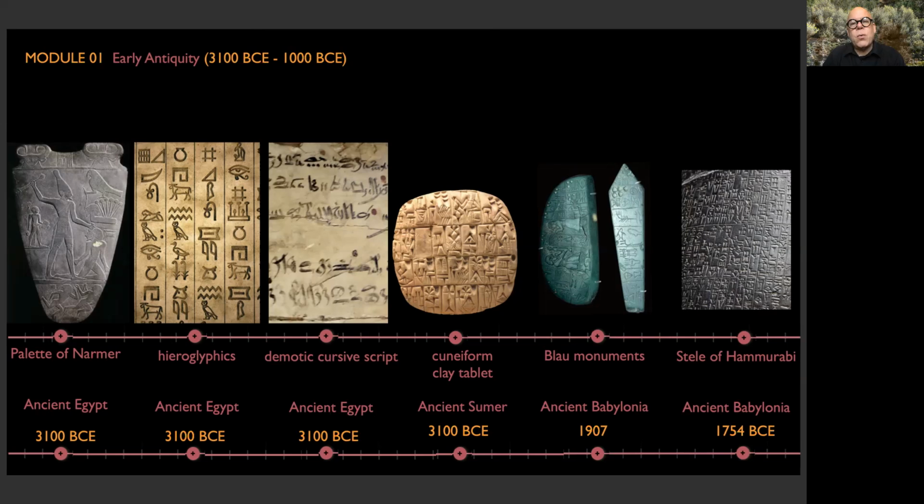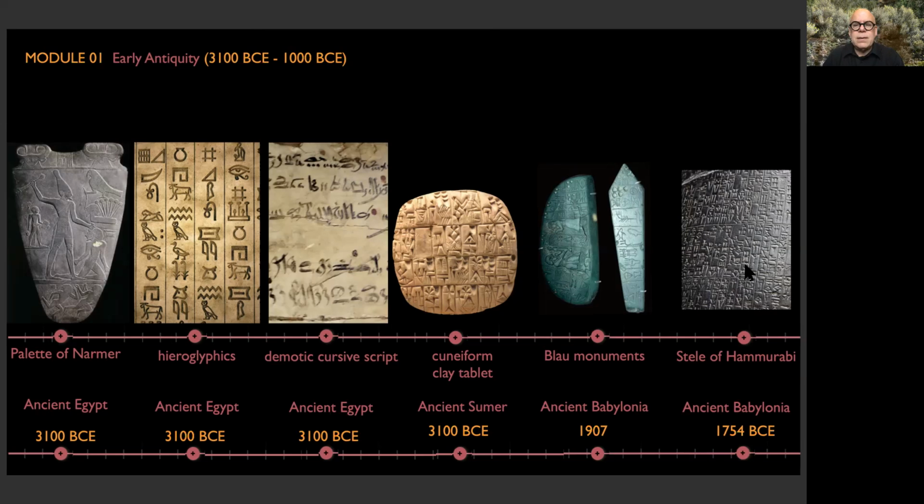Once they started recording their simple messages on registers and pressing them into wet clay using a wedge-tipped tool, we have cuneiform, which means wedge shape or wedge form. And these then gradually developed into a much more elaborate and eloquent language system.